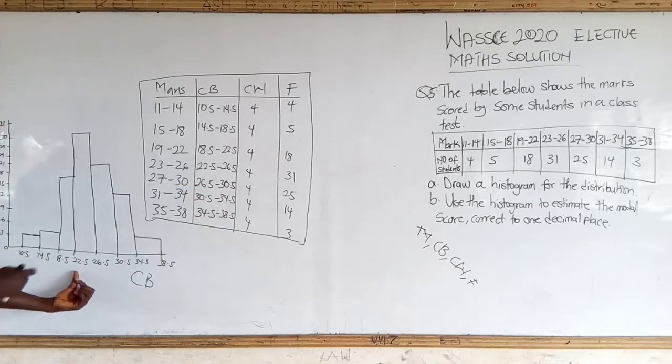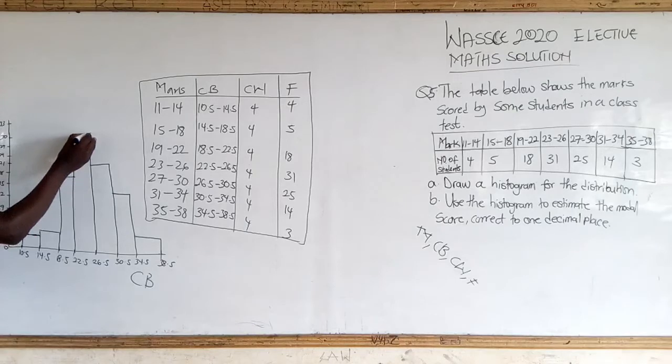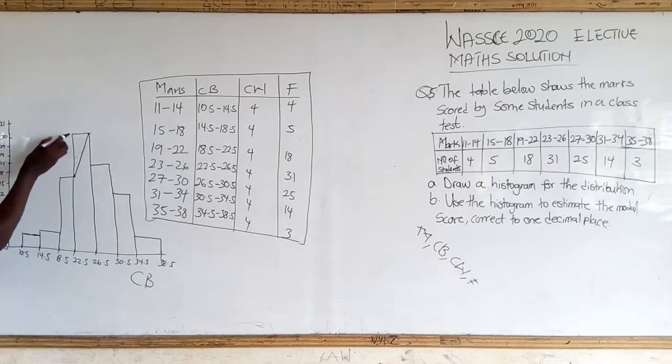So we are going to draw a line from this corner to join here, and another line from this corner to join this side.